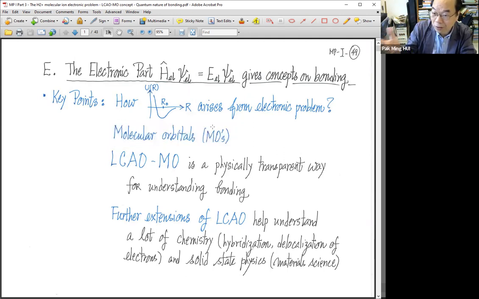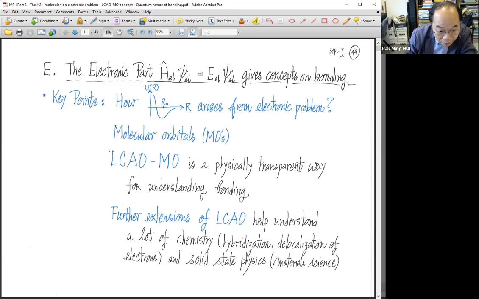The solution to the electron Schrödinger equation in atoms gives rise to atomic orbitals: 1s, 2s, 2p, those things. But now we have two centers. The solutions to this two-center Schrödinger equation are called MOs, molecular orbitals. We would like to introduce a particularly physical picture, the method of linear combination of atomic orbitals in forming molecular orbitals. In shorthand, it is called LCAO-MO.